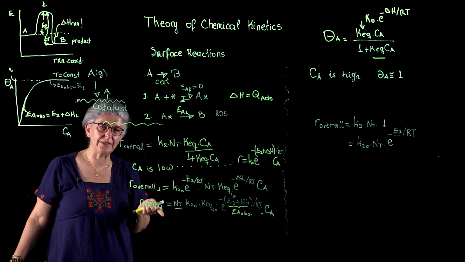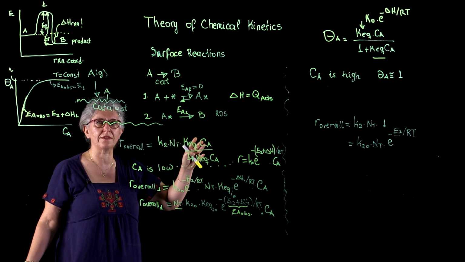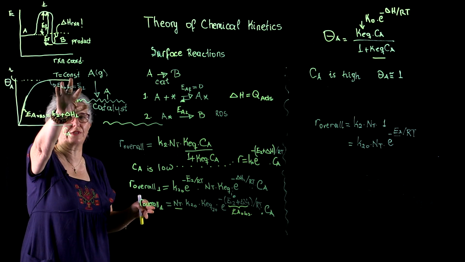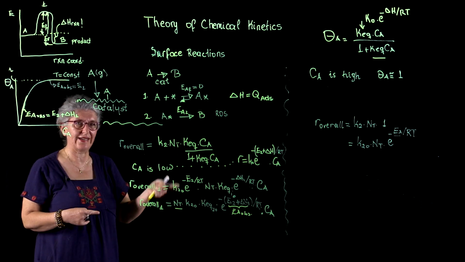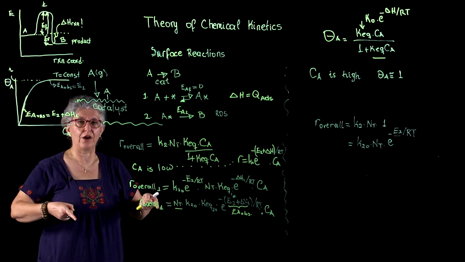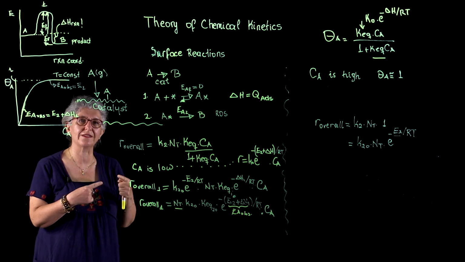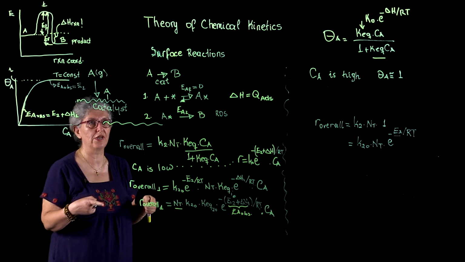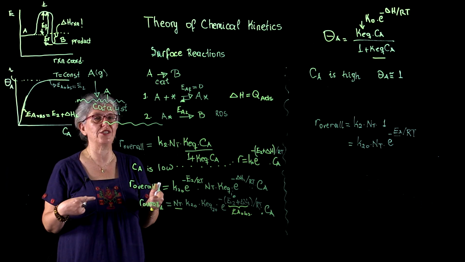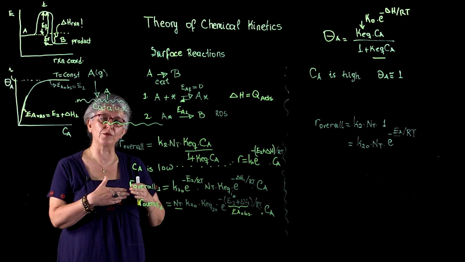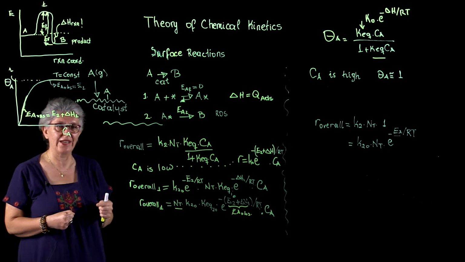When we make the measurements at lower temperatures, we are going to have larger equilibrium constants. We will be closer to this side. So it depends on the delta H, heat of adsorption of the molecule that we are dealing with. And if we have very large heats of adsorption of molecule A, it is going to induce dramatic changes between small temperature changes when we are measuring the activation energy.